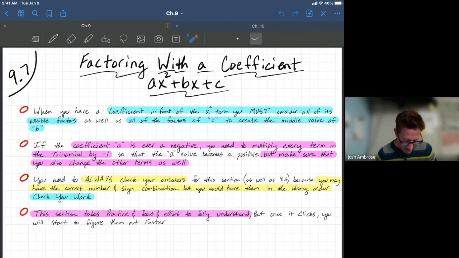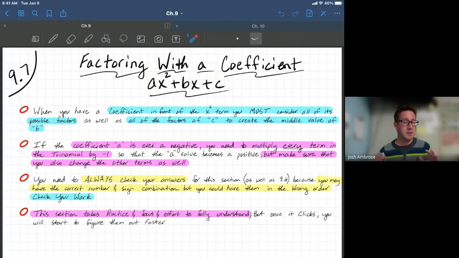Now, as this says, if the coefficient a, the one right in front, is ever a negative, then you're going to want to multiply every term by a -1. Another way to think about that is you could factor out a -1, and then everything is going to change sign.